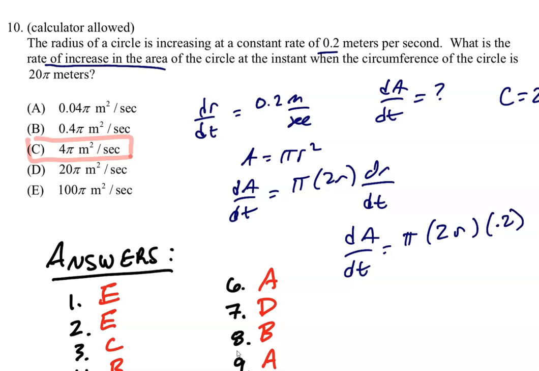Now, we don't know r, so what do we do when we have something that we don't know? We go up to something that we had from before. The circumference is 20 pi, which is 2 pi r. So I can figure out r from that information. r ends up being 10. So then I can come over here, put in 10, and then you can figure out your answer.